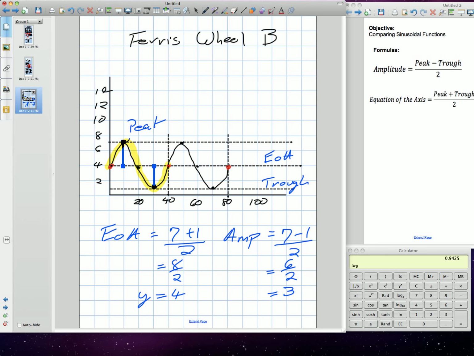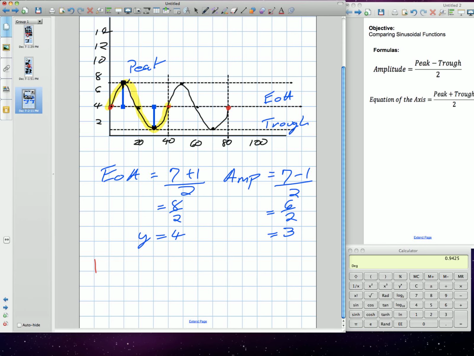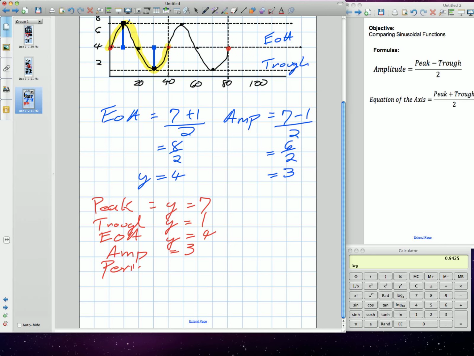We're going to write them down here. Peak is y equals 7. Trough, y equals 1. Equation of the axis, y equals 4. Amplitude is equal to 3. Period is 40 seconds.